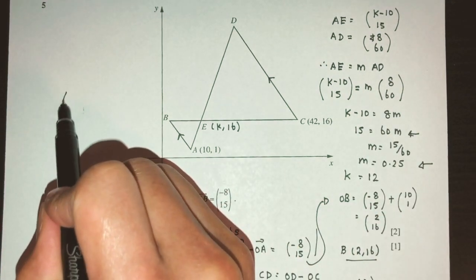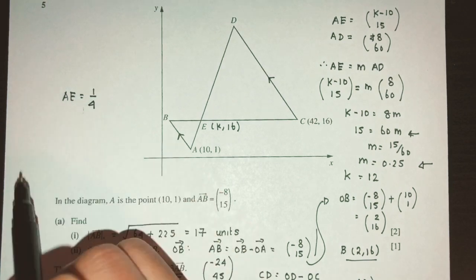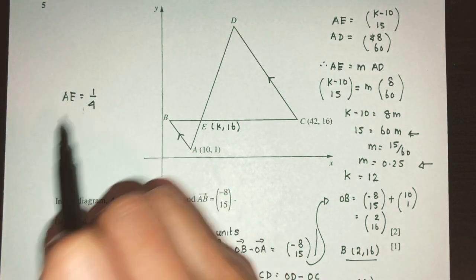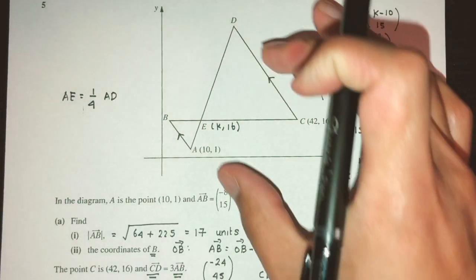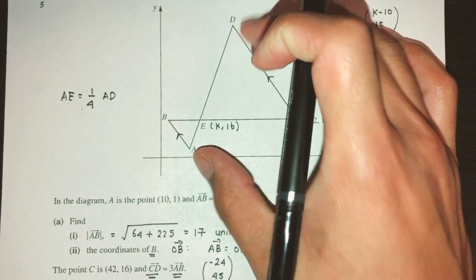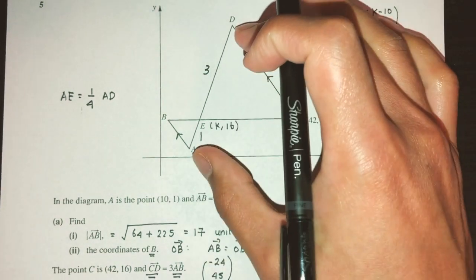So we know that AE is equal to 1 over 4 AD. So what is the ratio? Let's break it down. AD is 4, AE is 1, so this is 1. This should be 3 because everything is 4, right?